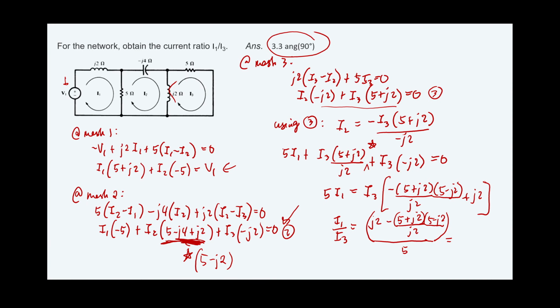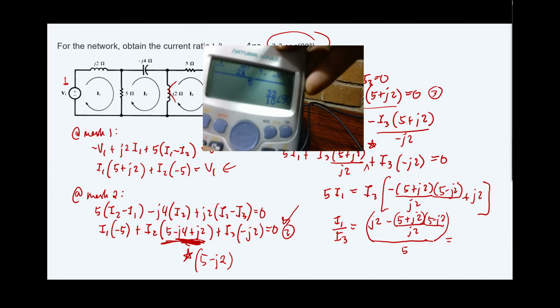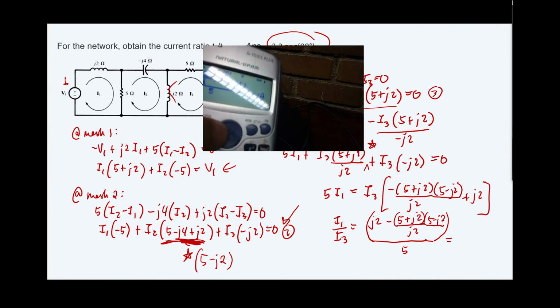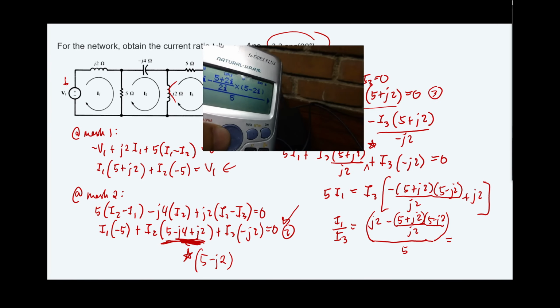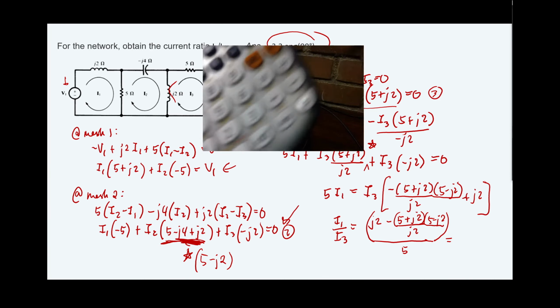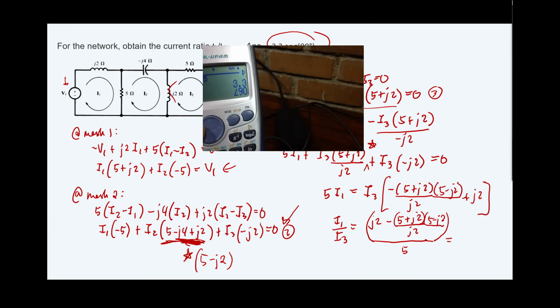I think I can show to you the calculator. Let me show you. Okay, so you have here the calculator. I have the transformation r theta, and then you have that one here, 2j minus, then if you press enter, you have 3.3 angle 90.